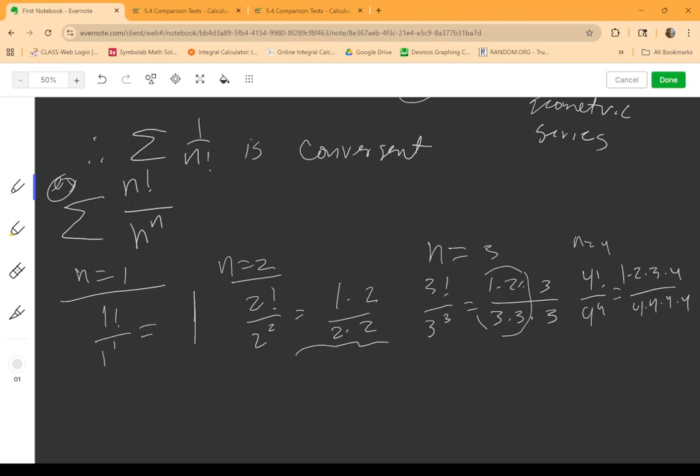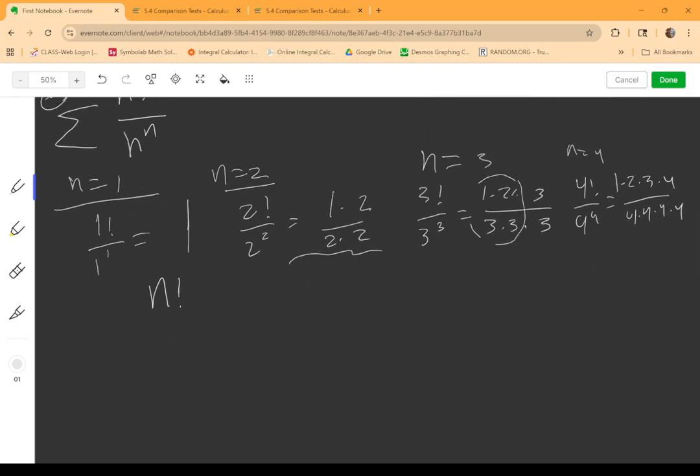So what I can say here is that n factorial over n to the n will be less than or equal to these first two terms, 1 over n times 2 over n, and then just setting the rest of them to 1, for n bigger than or equal to 2.